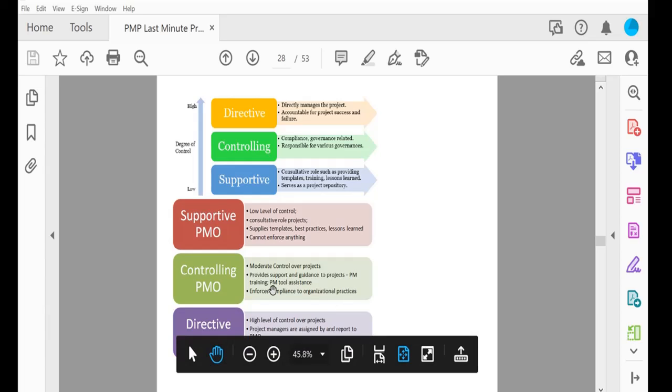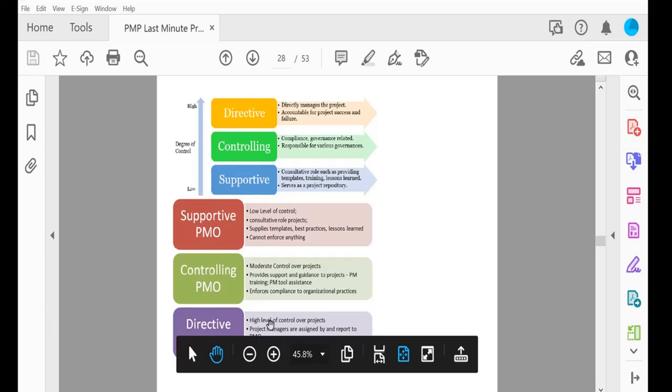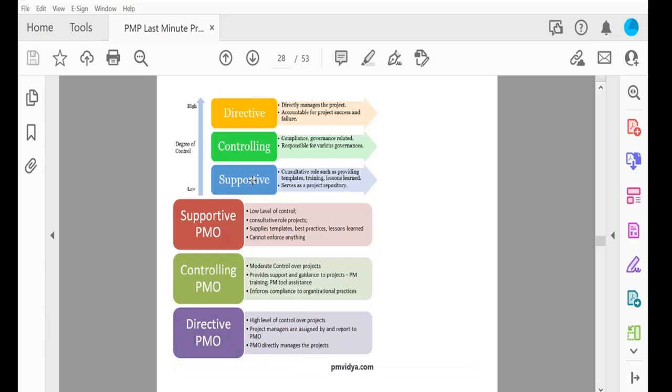If they provide different tools and also have moderate control, that means it is controlling. If they say they have less control and are providing different templates, best practices, or lessons learned, then that will be supportive. And the directive one is the high level of control over the project. So supportive, controlling, and then directive.